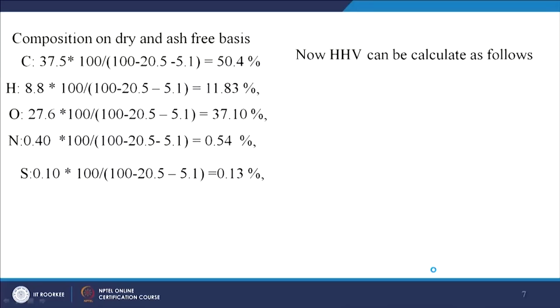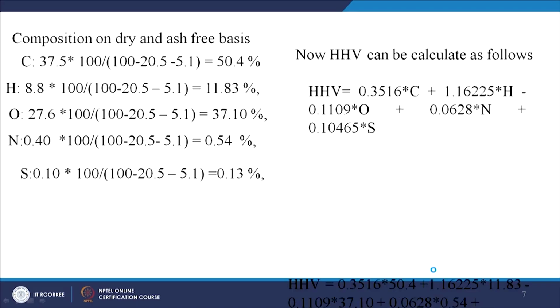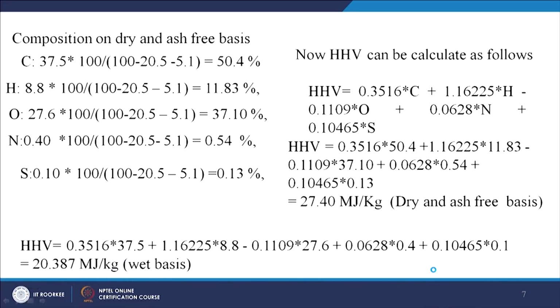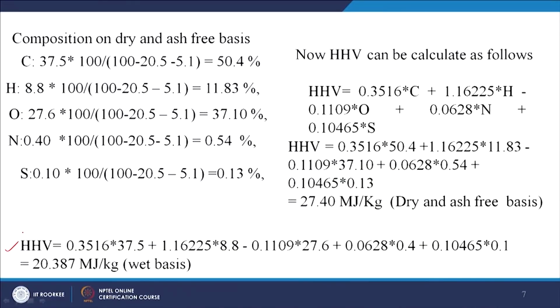If we want to see the heating value, we have to consider two different bases. As such, we can calculate on the weight basis using the same composition provided in the statement, otherwise we have to convert it into the dry and ash-free basis, then we will use the compositions of different elements in the HHV calculation expression. So, here we see compositions on dry and ash-free basis.